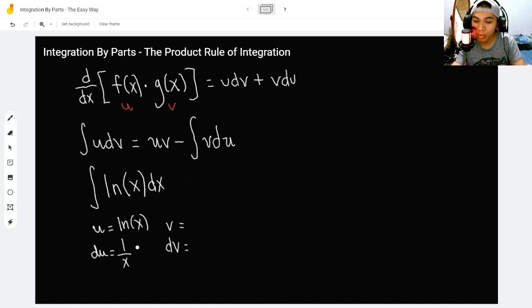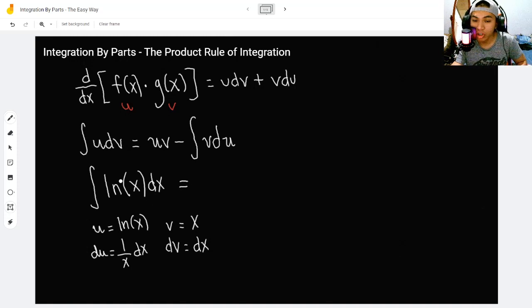And we just cross multiply to put the dx over here, which is the same as our dv. Our dv will be dx. And the integral of dx in the x world would be x. And that is our v. So now that we have our parameters, we can solve for this integral.